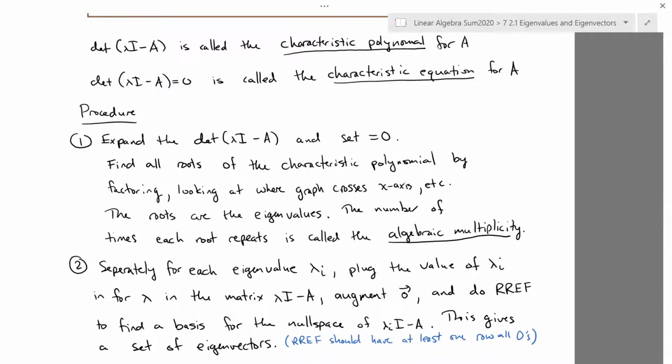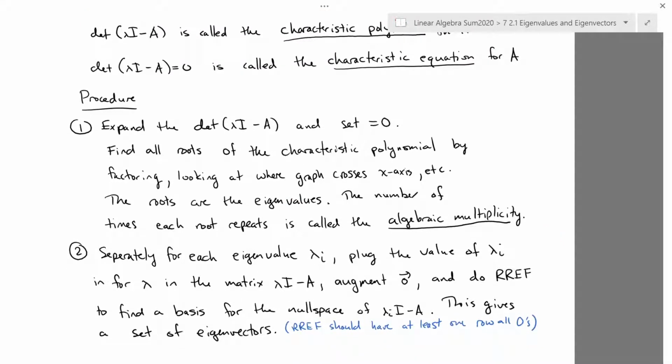Okay, so once you find all the eigenvalues, what you want to do is to take the matrix lambda I minus A and plug each individual eigenvalue back into the matrix. You do it separately for each eigenvalue, because you have to determine the eigenvectors separately for each eigenvalue.